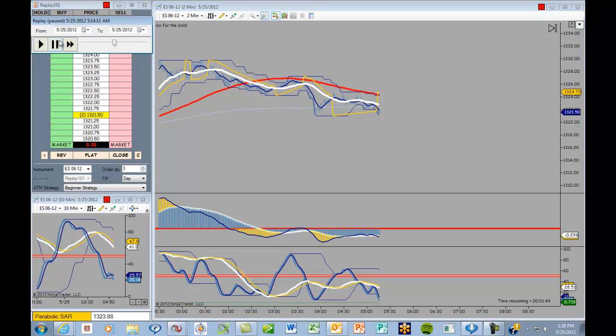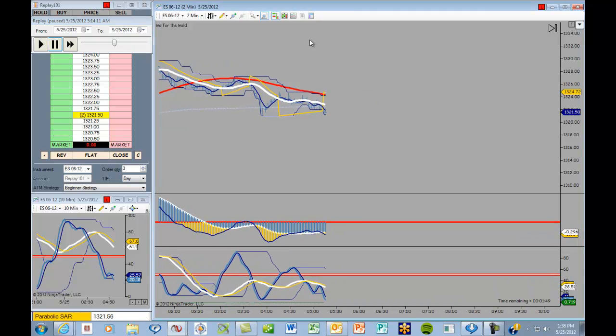Alright, we have a long consolidation here that just broke to the downside. Let's go ahead and take this trade.